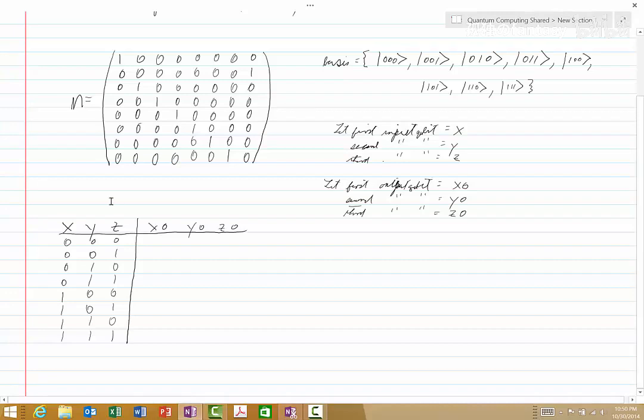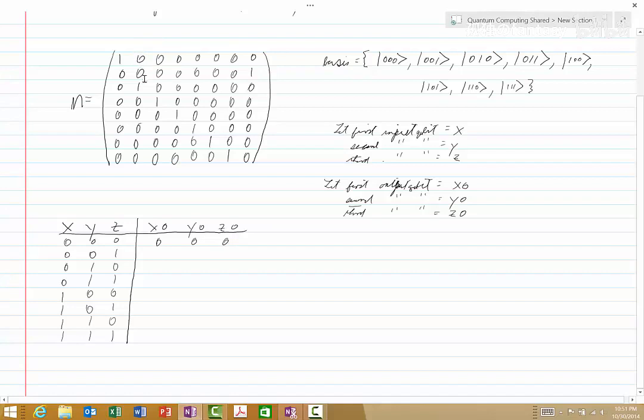And so when the input state is 0, 0, 0, we're in the first column. And we see that the image of that is this vector, 1 and then 7 zeros, which corresponds to the 0, 0, 0 state. So when we input the 0, 0, 0 state, we get out the 0, 0, 0 state. So far, so good. Now the second column is the image of 0, 0, 1.